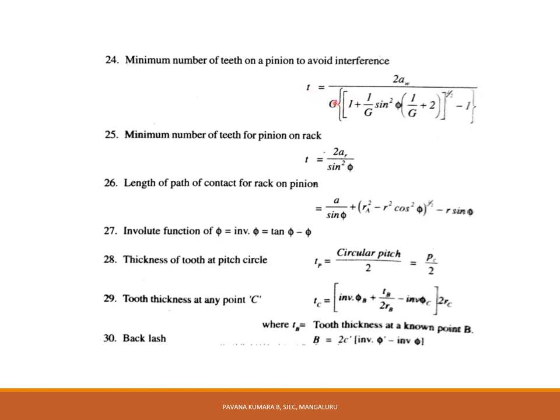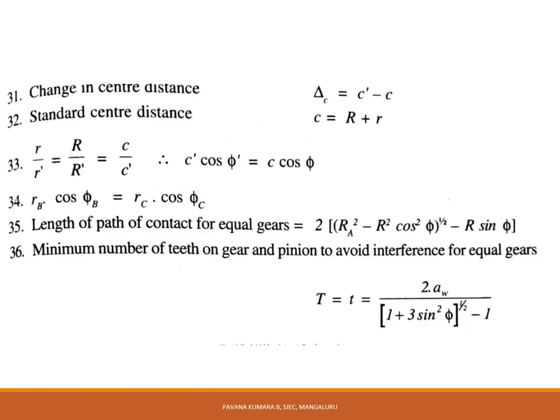So the relation is G is equal to capital T divided by small t. From that expression you can find minimum number of teeth for pinion on rack. This type of problem is usually not asked in the exams, so just go through these formulas and remember them.